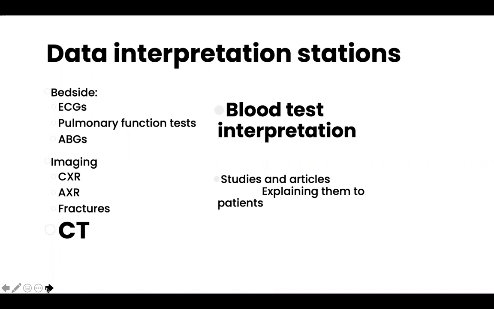During the next talk, we'll be looking at imaging, so chest x-rays, abdominal x-rays, fractures, as well as a bit of lung function tests, hopefully. And the focus of today's talk is to review CT scans and an approach to how you would review them with regard to an OSCE scenario or station, as well as blood test interpretation.